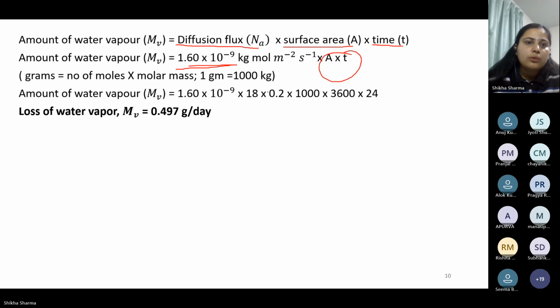So here is the 1.6 into 10 to the power minus 9, same, into 18. Since it is in moles, this value is in kg moles, right?